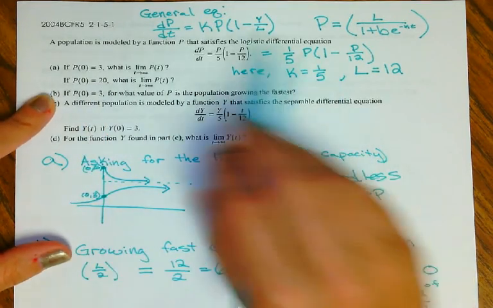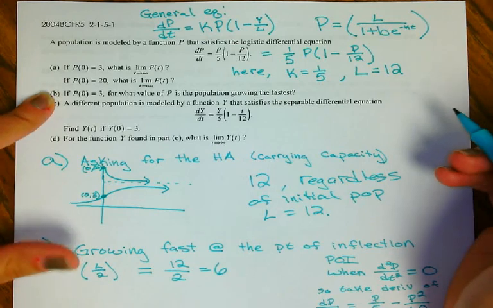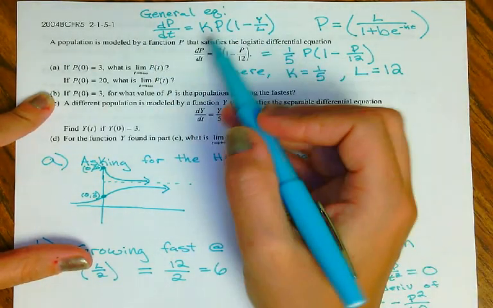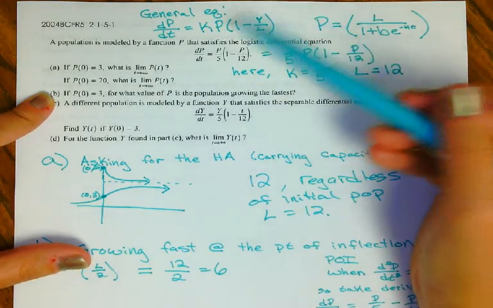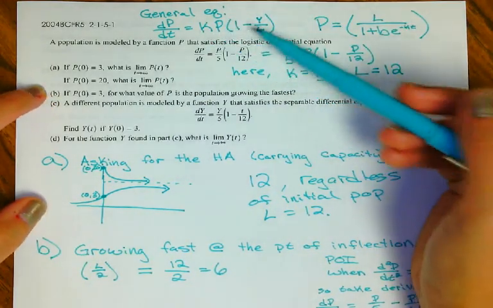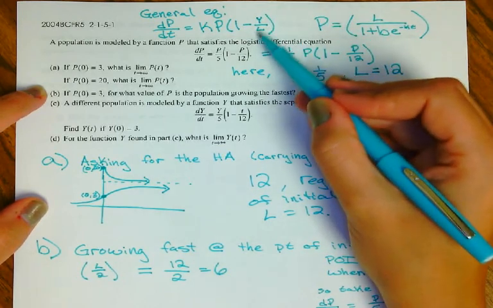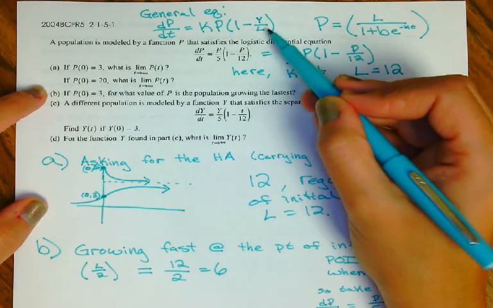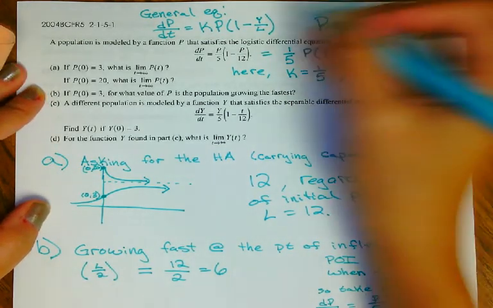Whenever I see differential equations, I write down those general equations just to remind myself what I'm looking for. In our general equations, you have the change in population over time, and you're looking for a constant times p, and then in parentheses it's 1 minus your population over an L. That L is really important because that's your carrying capacity.